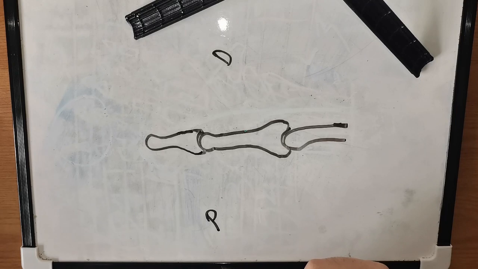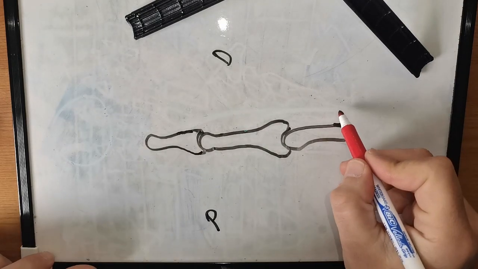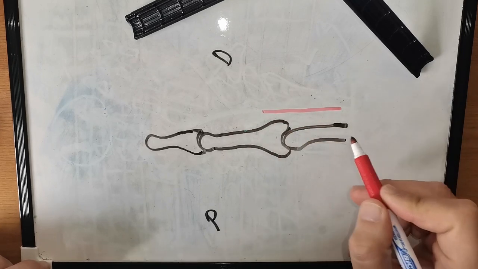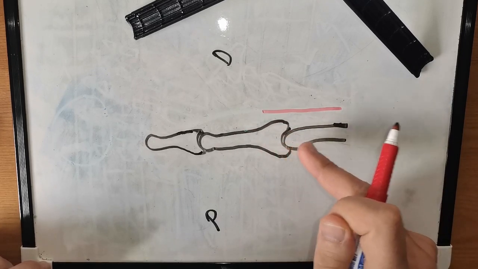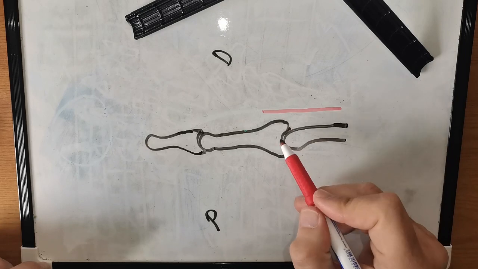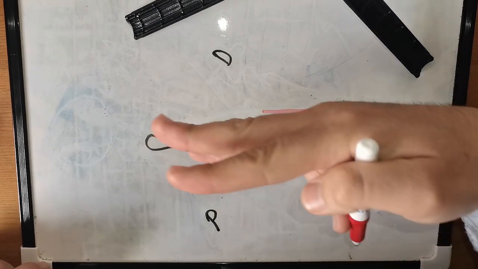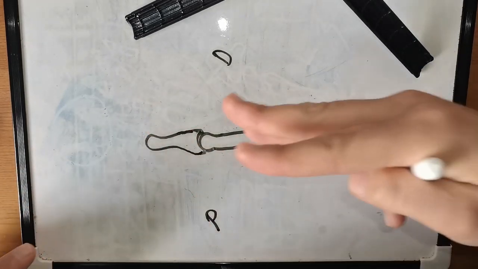As we've seen before, the tendon of extensor digitorum is going to reach the proximal interphalangeal joint, and then it's going to split into three parts, as we said.